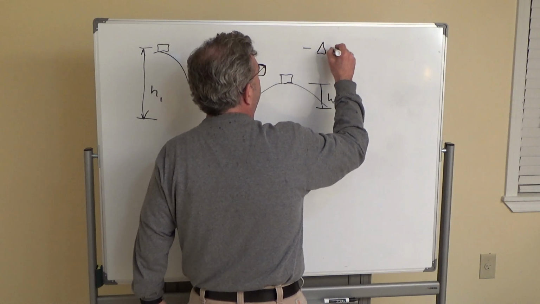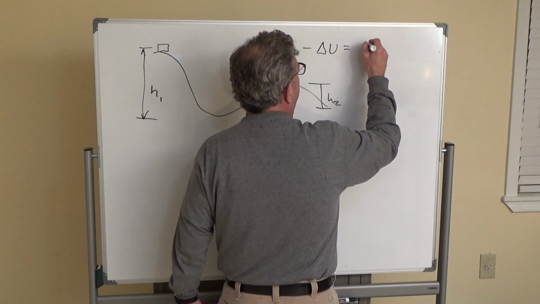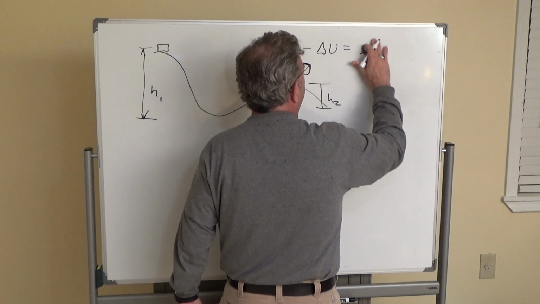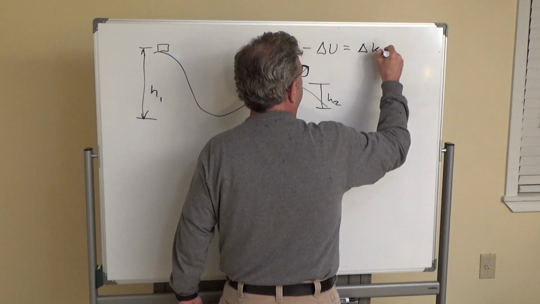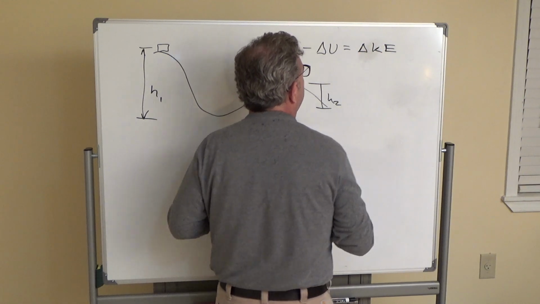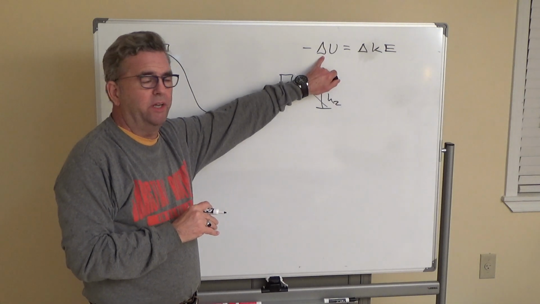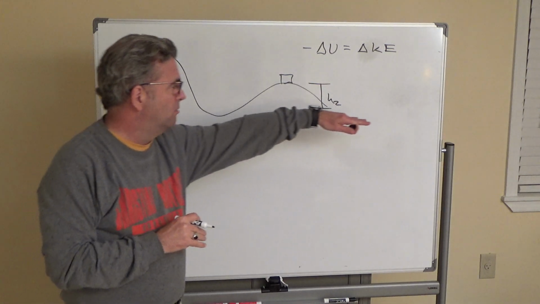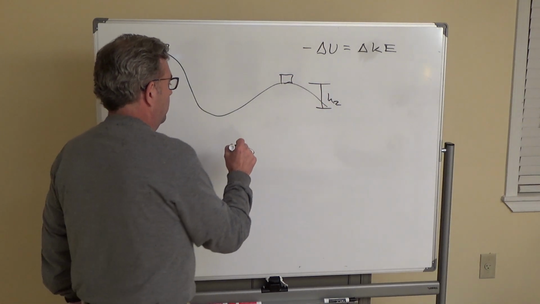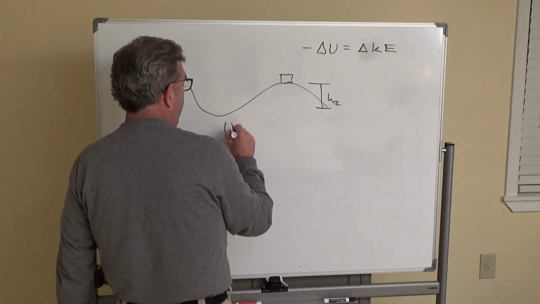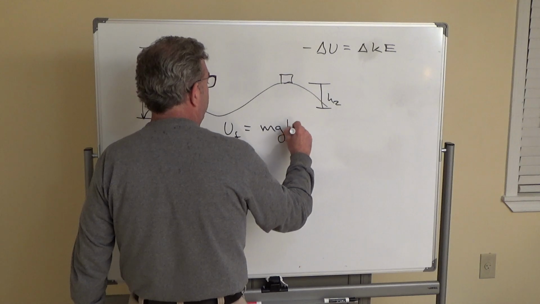The negative of the change in potential energy is equal to, my deltas are not good, delta KE. Okay? So you look at the change in potential energy, call the ground 0. You're going from H1 to H2. So U final would equal mgh2.